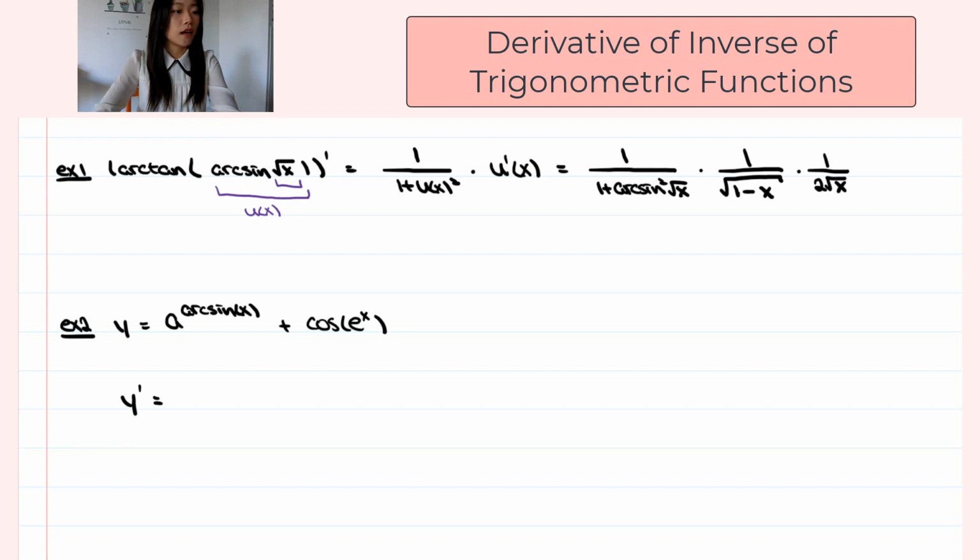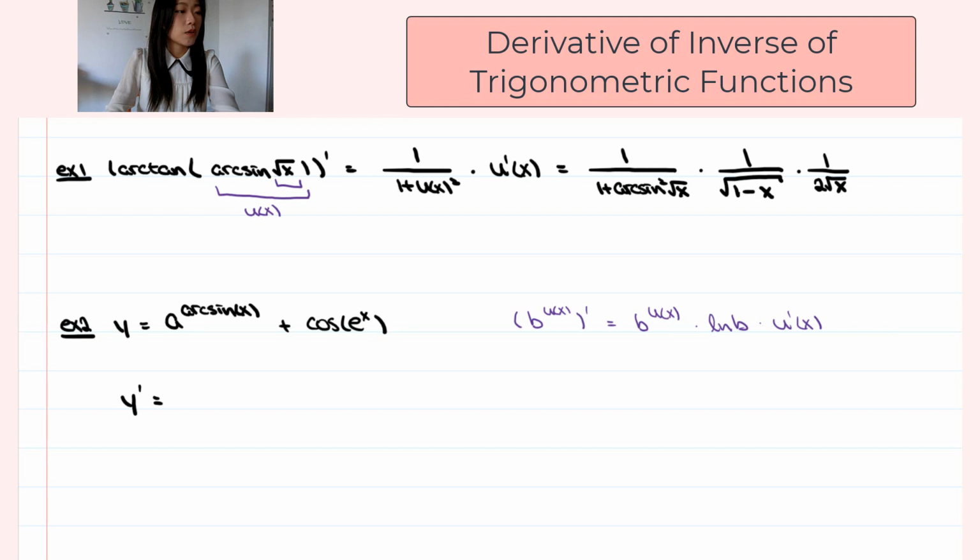And just a quick recall, derivative of base to the power of a function of x, this equals b to the power of u of x times ln of b times derivative of the inner function. So here the base is a, and the inner function u of x is arcsine of x.